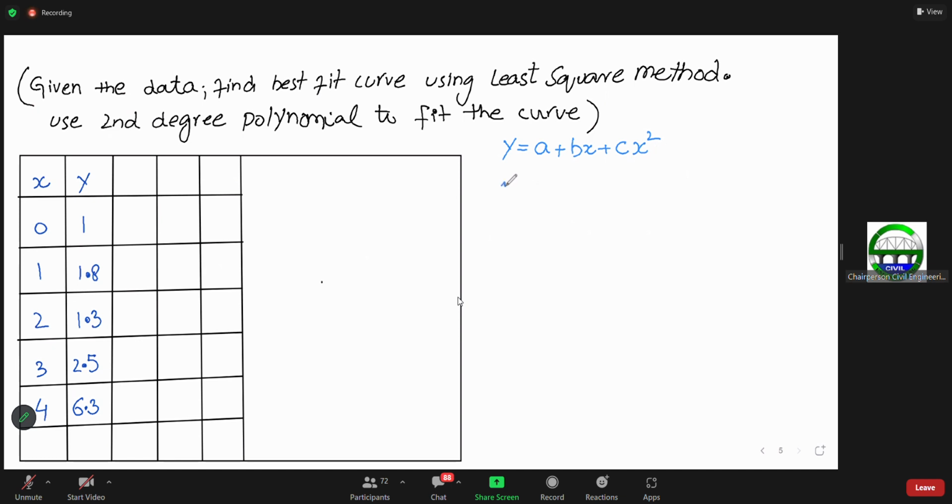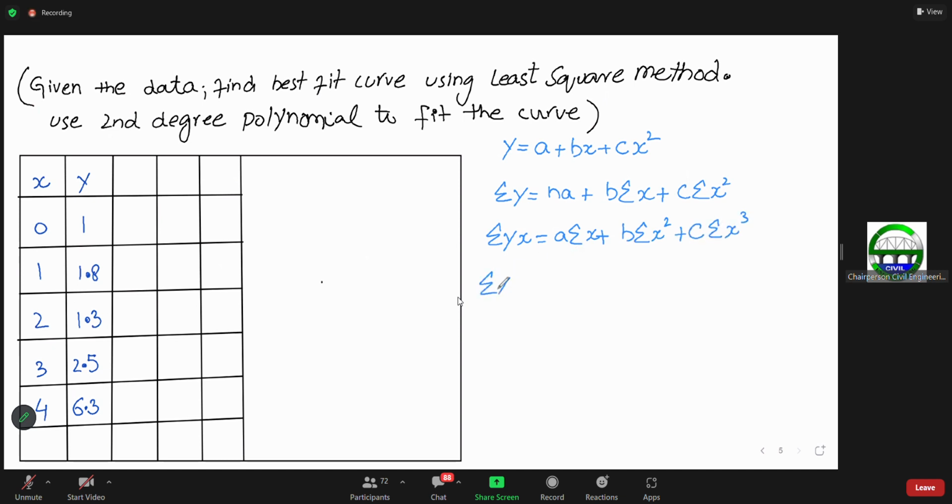So we can say that sigma y is equals to na plus b sigma x plus c sigma x squared. Or multiply it again with the x: sigma xy is equals to a sigma x plus b sigma x squared plus c sigma x cubed.